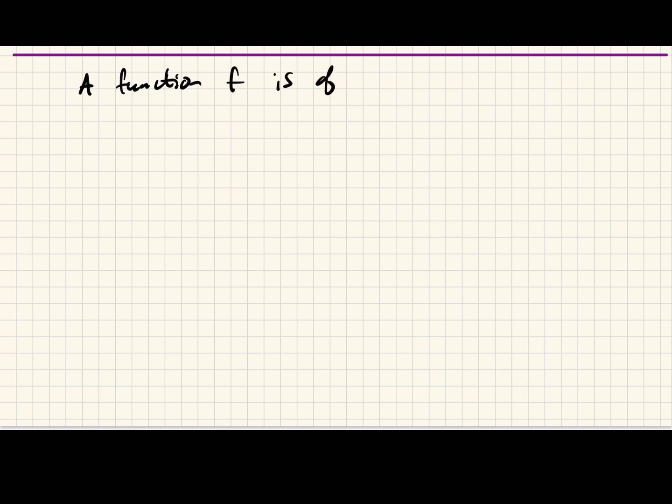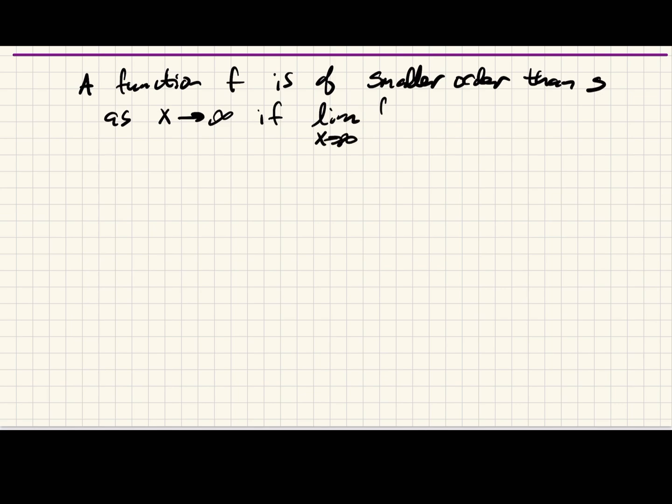Now, there's some notation I do believe that your book is going to utilize. A function f is of smaller order than g as x goes to infinity if the limit as x goes to infinity of f of x over g of x is equal to 0.